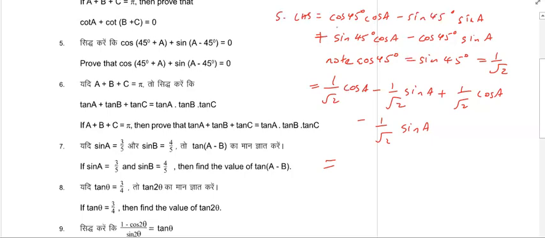Let us double check the expansion. Cos 45 cos a minus sine 45 sine a, this is correct. Plus sine 45 cos a, cos 45 sine a, this is also correct. So 1 over root 2 cos a minus 1 over root 2 sine a plus 1 over root 2 cos a minus 1 over root 2 sine a.